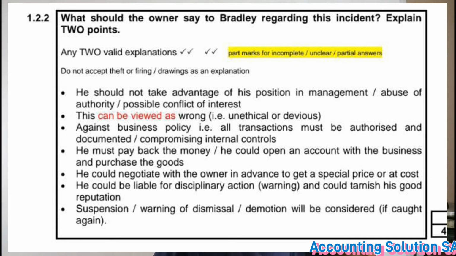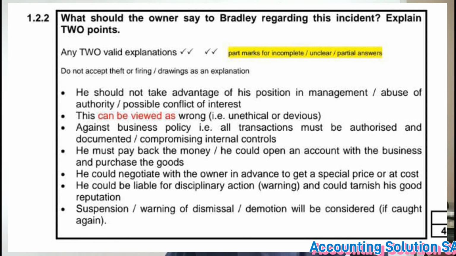And this is against business policy. Of course, as a business, we can't allow employees to withdraw goods. This is against the policy. Then this is what Bradley has to do: he must pay back the money, or he could open an account with the business and purchase the goods. Another one, he could negotiate with the owner in advance to get a special price or a staff price.